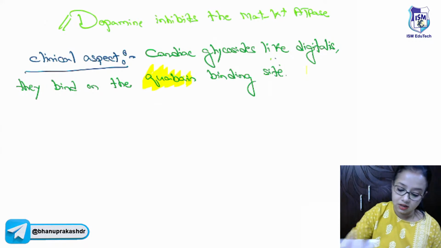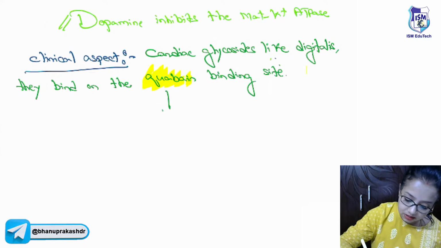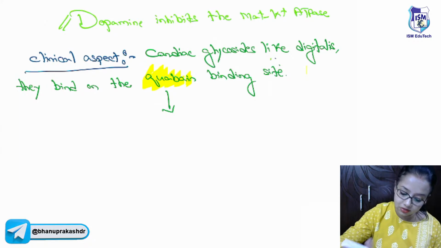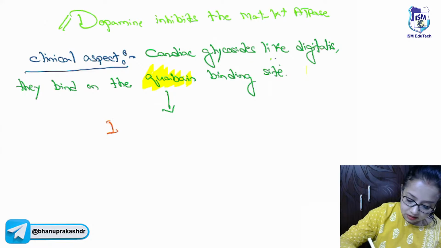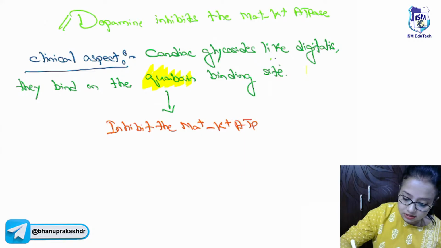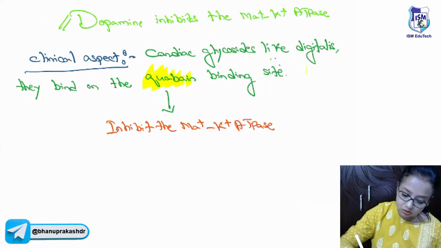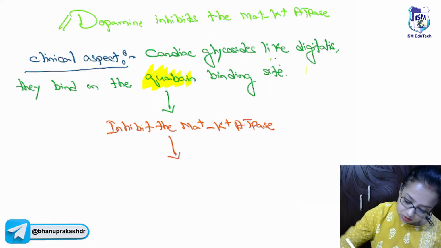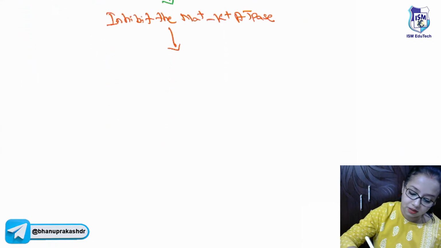And once they bind on the ouabain binding site, immediately what they do, these cardiac glycosides, they inhibit the sodium potassium ATPase. So as soon as they inhibit the sodium potassium ATPase, what will happen?